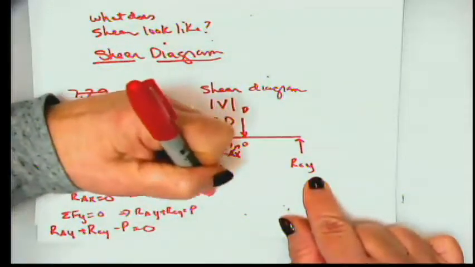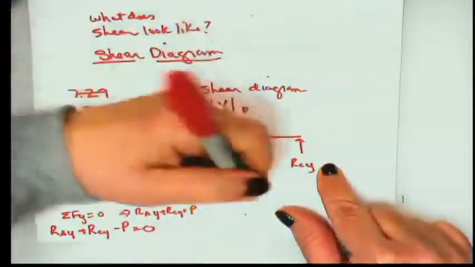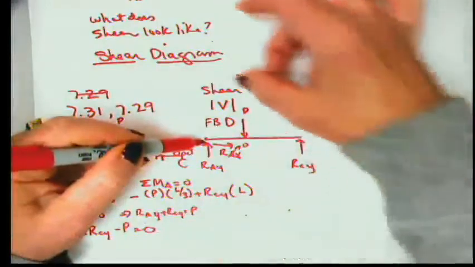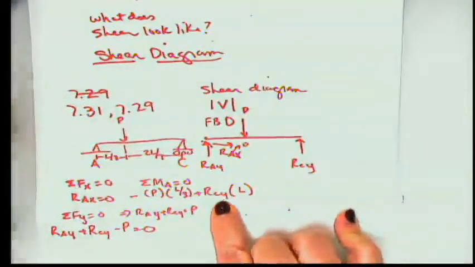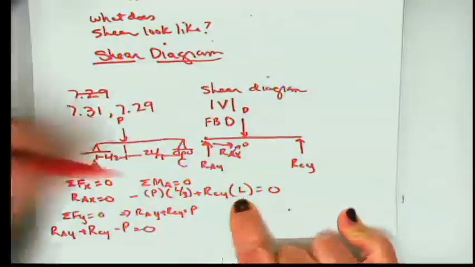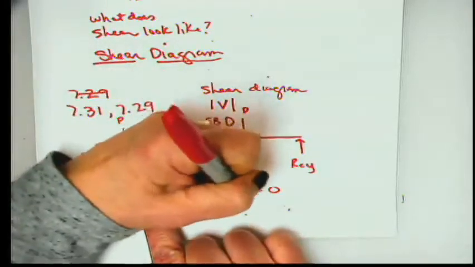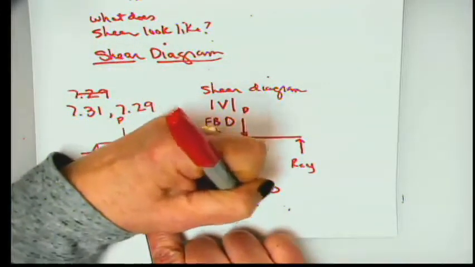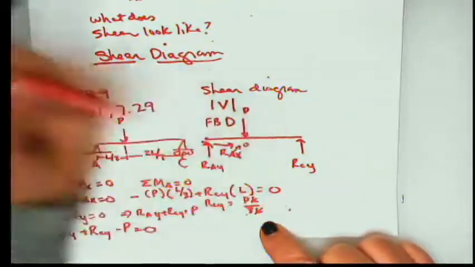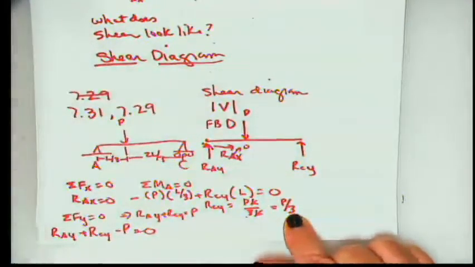We then have RCY times its distance from point A, which is L. Put a pin, push up on that force, it's counterclockwise, so it's positive, and that is equal to 0. So that means I can solve for RCY. It's going to equal PL over 3 divided by L. So those cancel out, and we get that RCY is equal to P over 3, or 1/3 P.